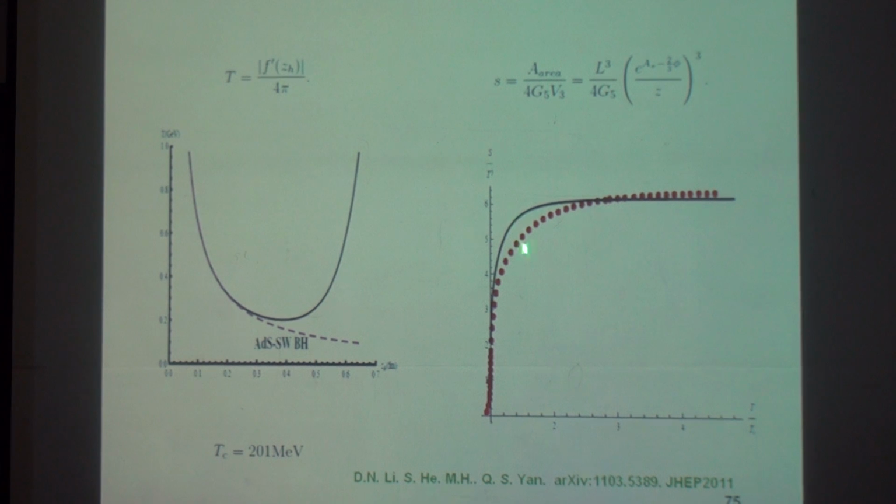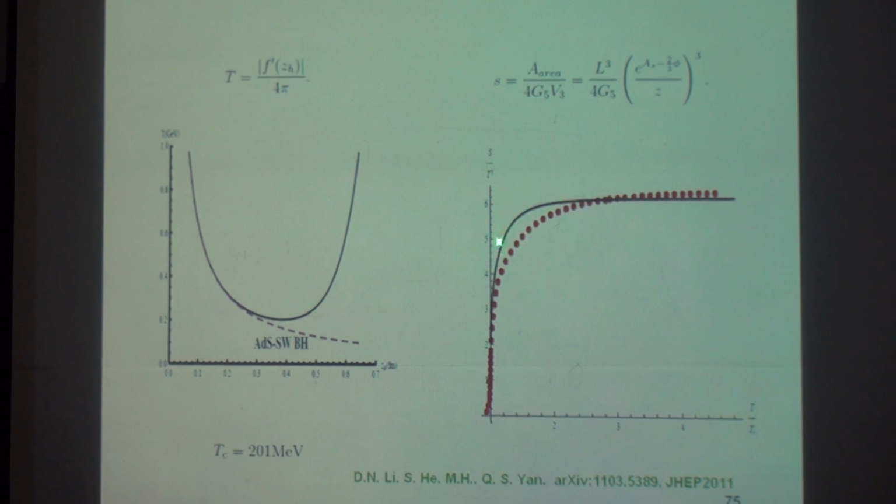So these red dots are from lattice data, and this solid line is from our model calculations. But this is for pure gluon system. So you see, close to TC and also in the UV regime, this model works quite nice.